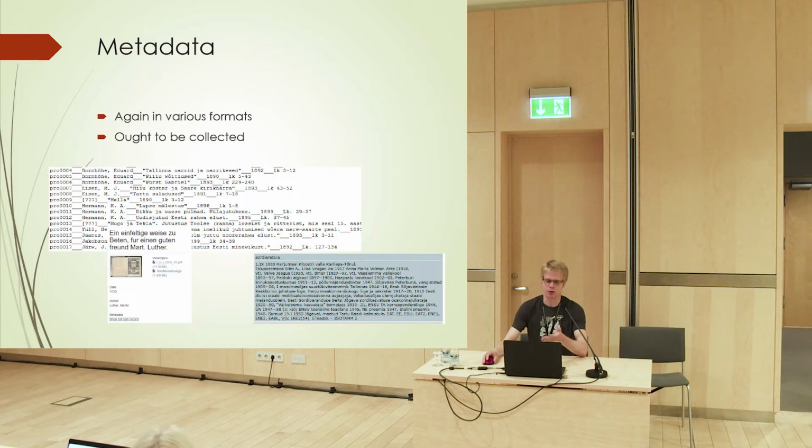Who was the publisher, who was the author, what year it was produced, how long is the work, what genre is the work, and so on. If we, for example, take the linguistic corpus, it has some sort of meta information, so you can get the name of the author, the title, the year when it was produced, but you don't get anything else really. You would have to add that.